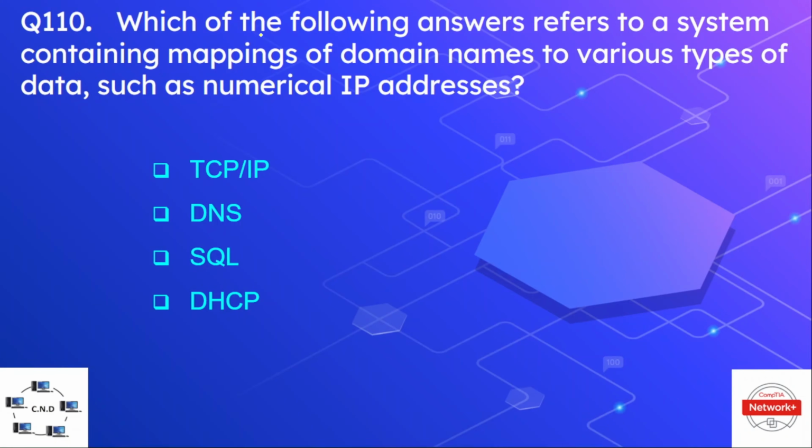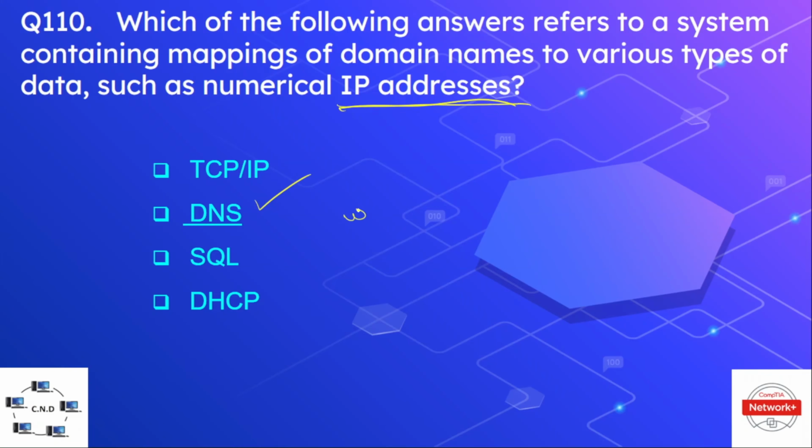Question number 110 is that which of the following answers refers to a system containing mappings of domain names to various types of data such as numerical IP addresses? The options are TCP/IP, DNS, SQL, or DHCP. And the correct option is DNS. So as the name indicates, domain name system, it does the mapping of domain names to the IP addresses.